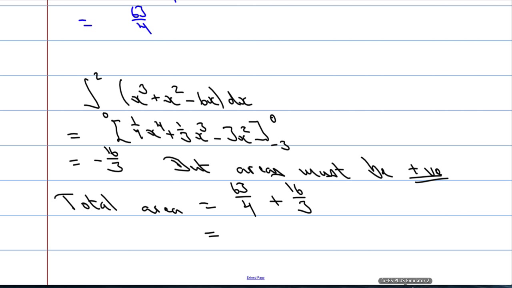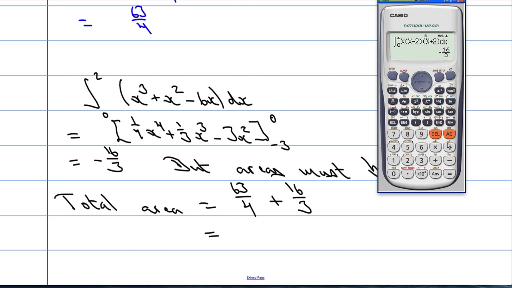And again, calculator paper, let the calculator do the hard work here. So we got 16 over 3 plus 63 over 4, which gives us, in fact that was a negative 16 over 3, let's do that again. 16 over 3 plus the 63 over 4 gives us an answer of 253 over 12. 253 over 12.